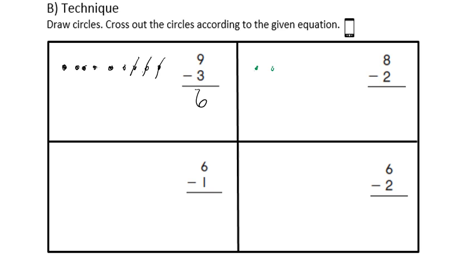So 1, 2, 3, 4, 5, 6, 7, 8. And I cross out how many? 2. So how many do I have left? 6. All right, next one. 1, 2, 3, 4, 5, 6. I cross out how many? 1. And my answer is? And finally? 6 minus 2 gives me 4.